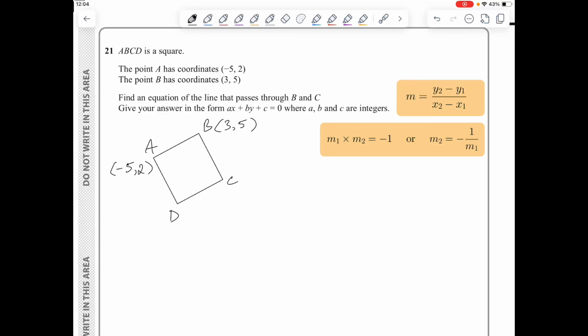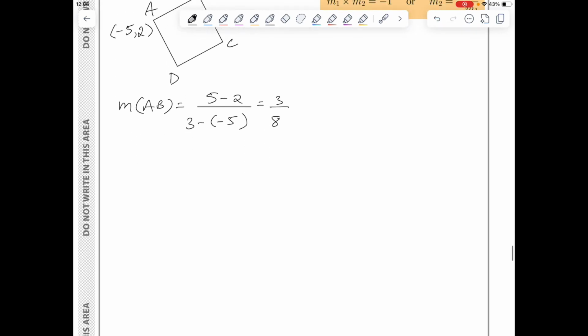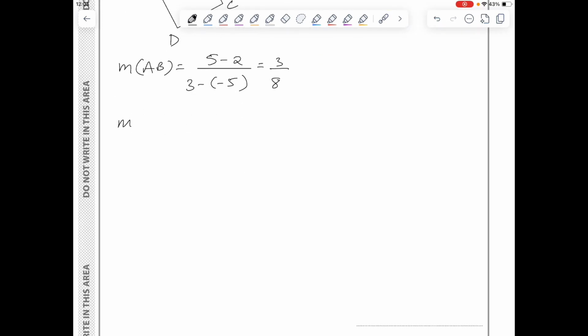So let's start. Gradient of AB is equal to 5 minus 2 over 3 minus 5, and this will give me 3 over 8. Therefore, the gradient of BC is equal to minus 8 over 3. So let's find the equation of line BC. y is equal to minus 8 over 3 x plus c.